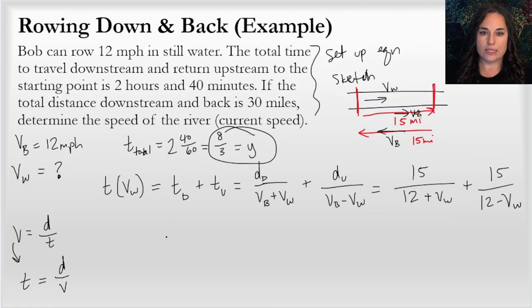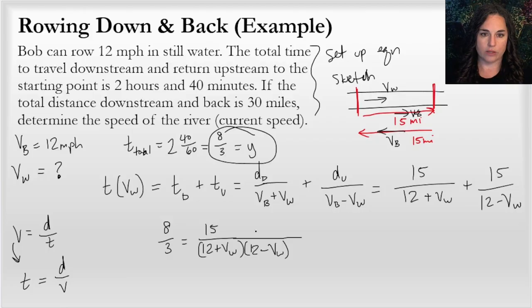What we're going to do is say 8/3 equals our total time expression: 15 over 12 plus VW plus 15 over 12 minus the velocity of the water. I need to simplify this, and I'm going to erase this so that I can simplify it. We need to get a common denominator, and what you're going to notice is the common denominator is 12 plus the velocity of the water times 12 minus the velocity of the water.